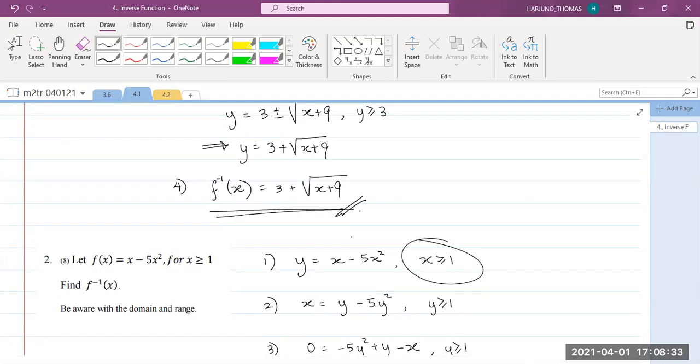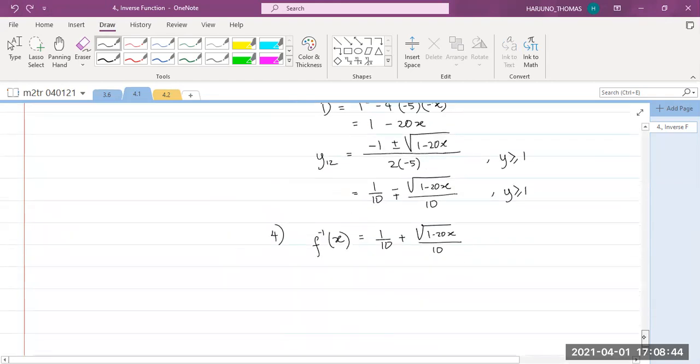Remember that the range gives us the domain. So there's one restriction missing. Saying that y has to be at least 1 is not enough. The restriction has to be done on the x, right?